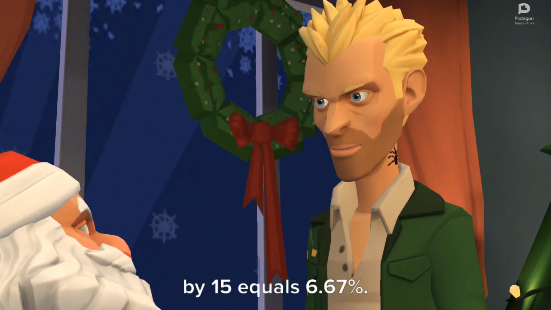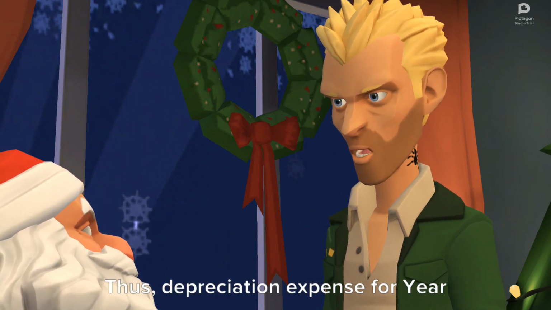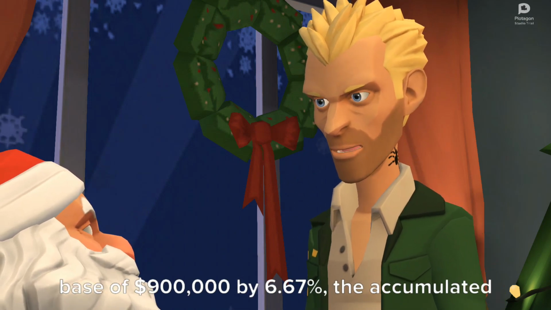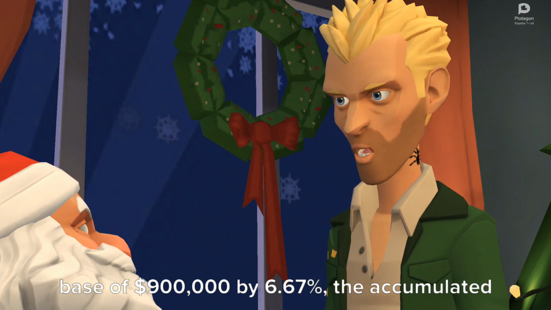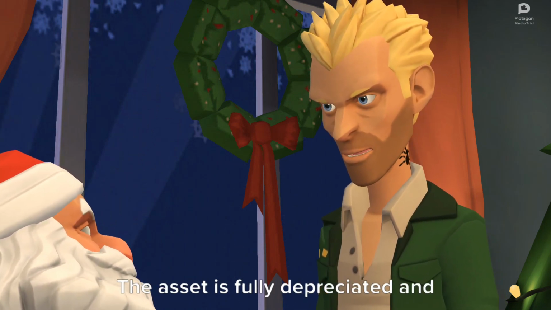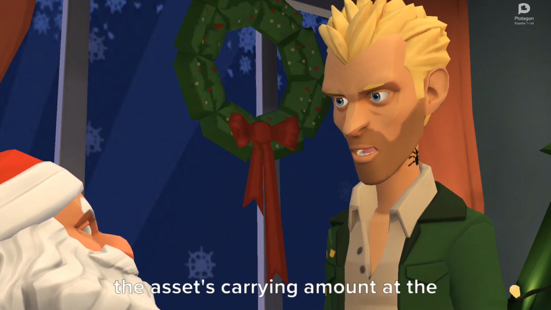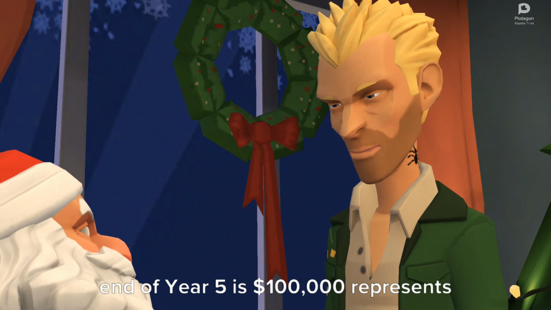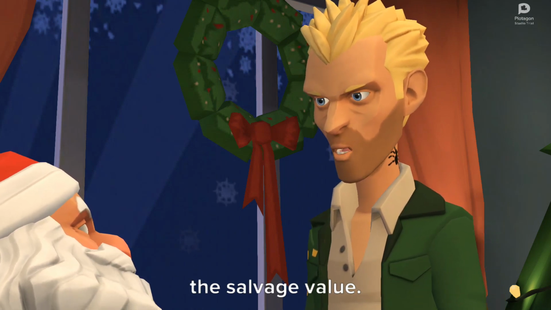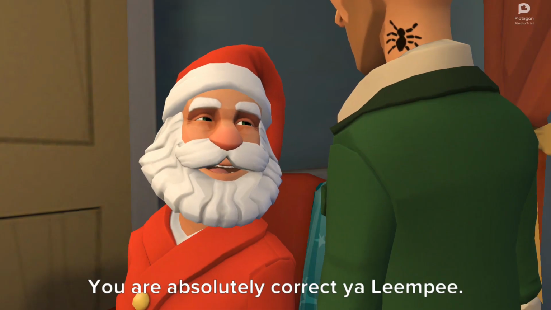In year 5, the remaining years of the useful life is 1 year, divided by 15 equals 6.67%. Thus, depreciation expense for year 5 is $60,000, being the depreciable base of $900,000 by 6.67%, the accumulated depreciation is $900,000. The asset is fully depreciated and the asset's carrying amount at the end of year 5 is $100,000, which represents the salvage value. You are absolutely correct, Limpy.